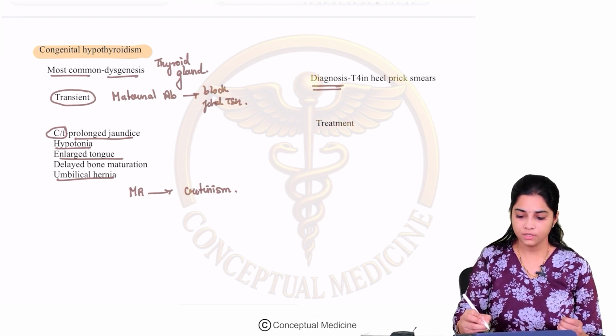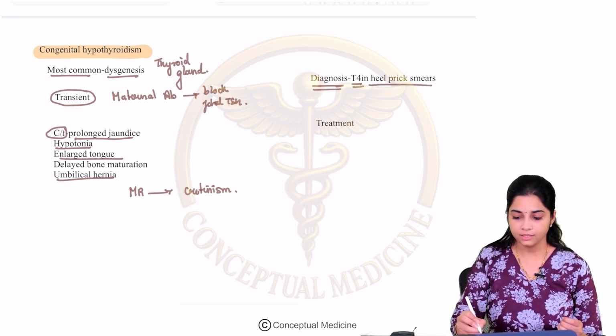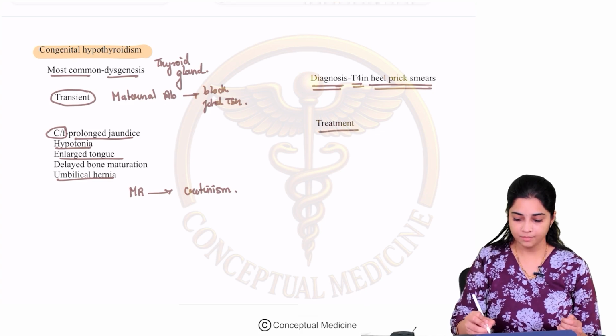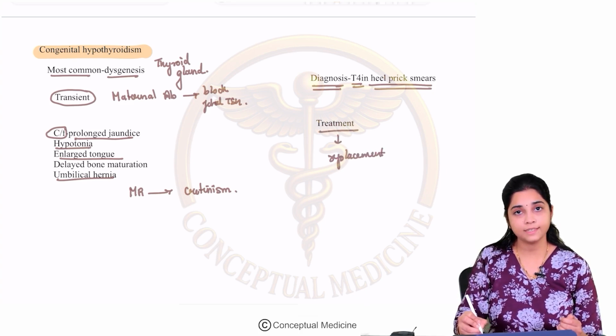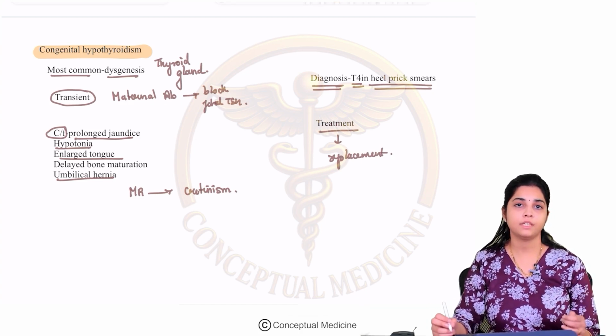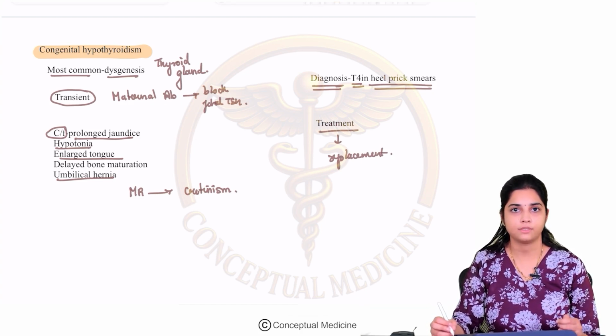How do you diagnose? T4 levels are checked in the heel prick smears. Treatment basically involves replacement with thyroid hormones. Early detection and early treatment is very, very important in congenital hypothyroidism.